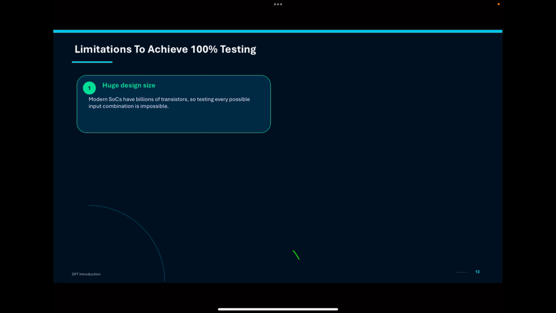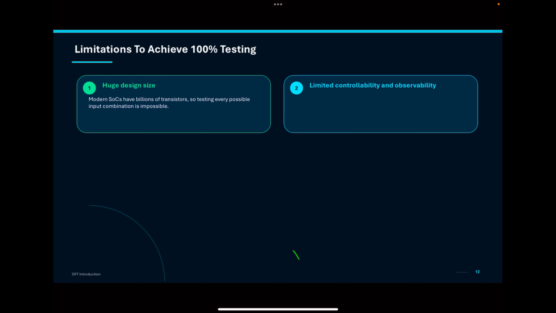As the design grows, achieving complete fault coverage becomes increasingly difficult. Second is limited controllability and observability. Even if we want to test a specific internal node, can we always reach it or observe its response? Not really. Many internal signals are not directly accessible from the chip pins, making complete testing difficult.